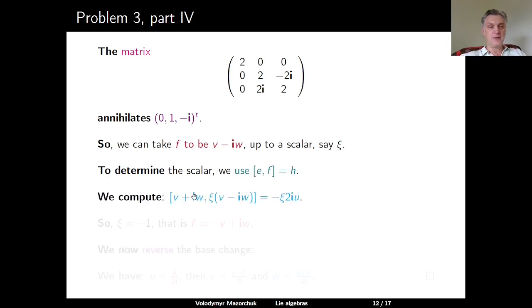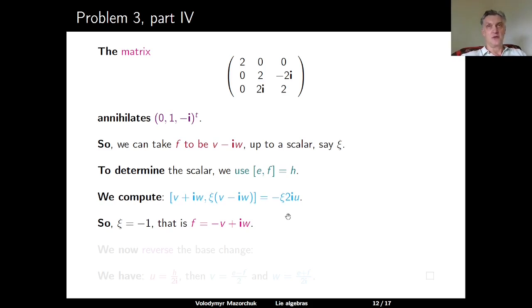Our E is V plus iW, our F is Xi times (V minus iW). If we compute this Lie bracket, we will get minus Xi times 2iU. And this gives us Xi is equal to minus 1. And so our element F is minus V plus the imaginary unit i times W.